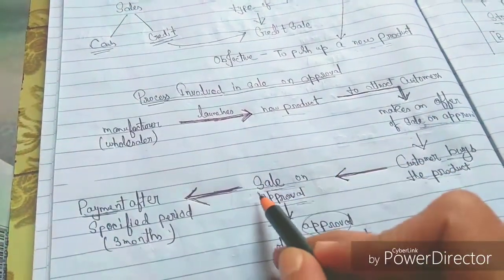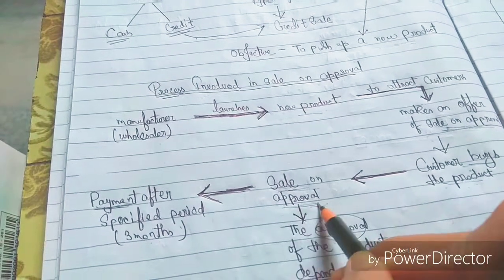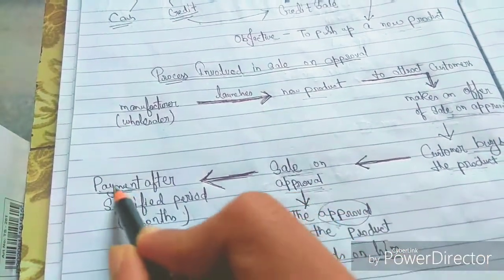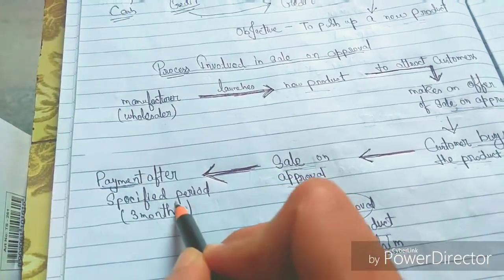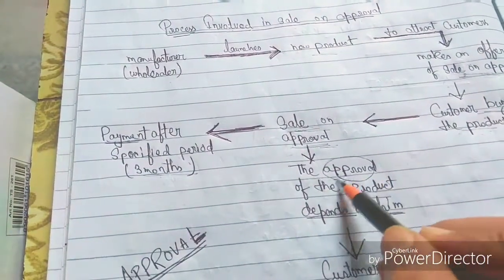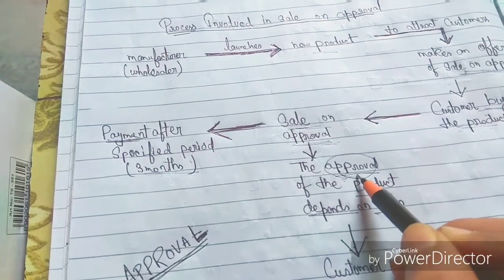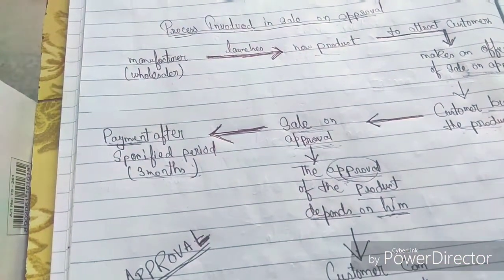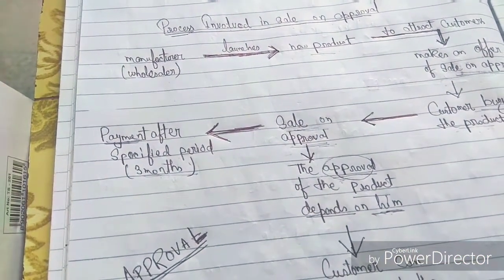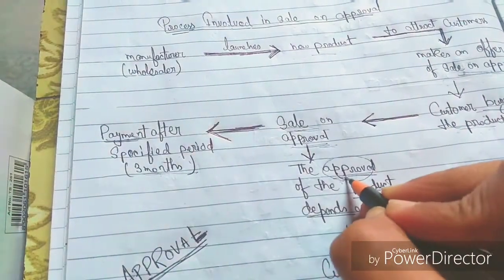Now as they buy the product in sale on approval, they can give the payment after a specified period, suppose 3 months, and the approval of the product means whether the customer will buy or not. It depends on them only. This is the main facility of sale and approval, that the approval depends on the customers.